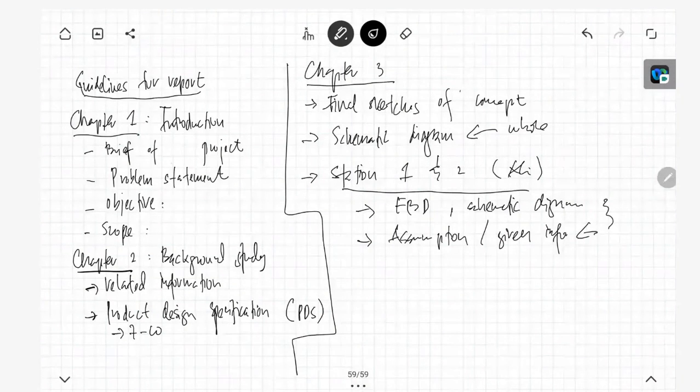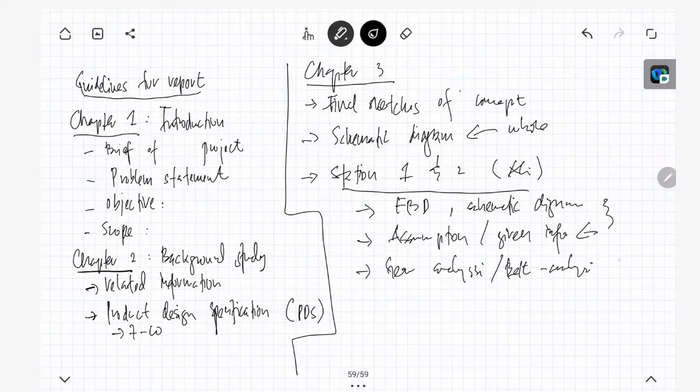My suggestion: put any data in tables. Make it clear. Then you start to calculate, for example, gear analysis, belt analysis, or bearing analysis.